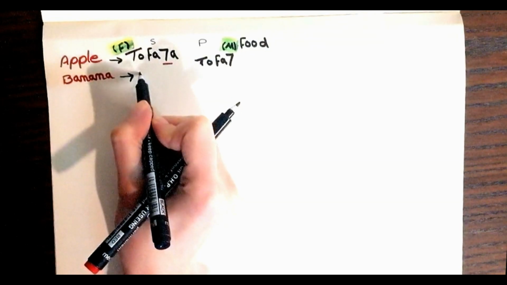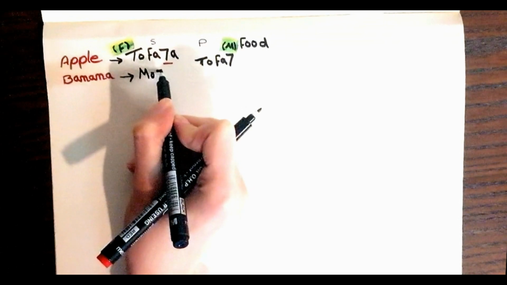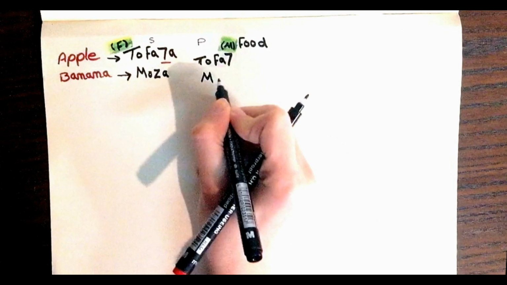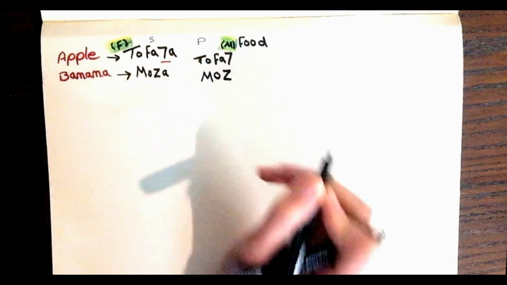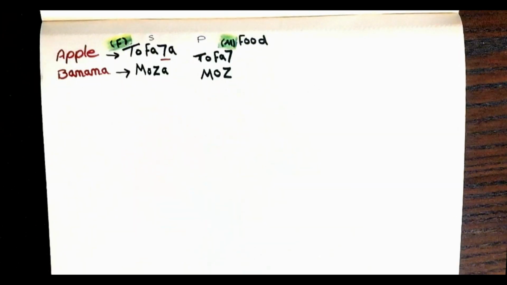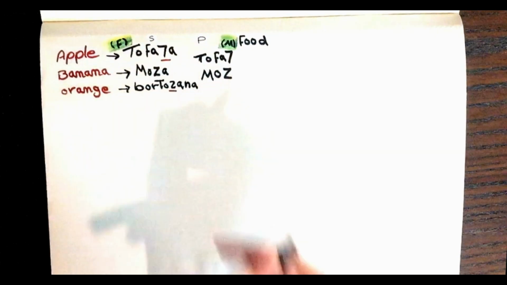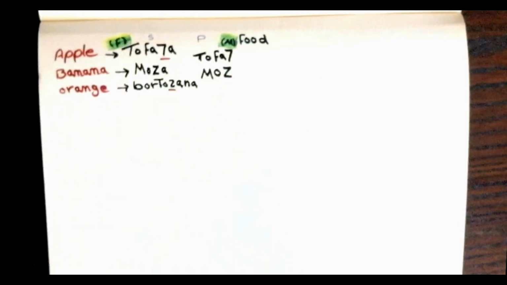For banana we say موزة, and the plural form of موزة is موز. Orange is برتقانة, and for the sound ق we use the number 2. برتقانة, and the plural is برتقان.